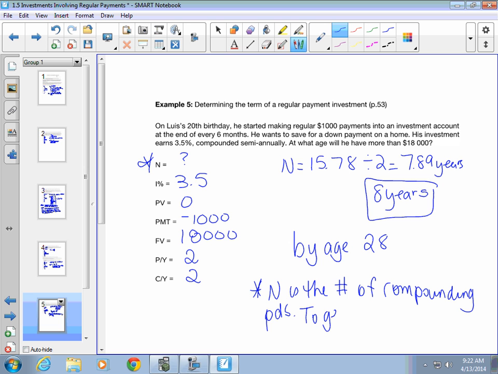So to get the number of years, you have to divide by the compounding periods per year.